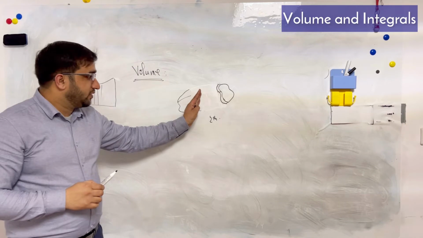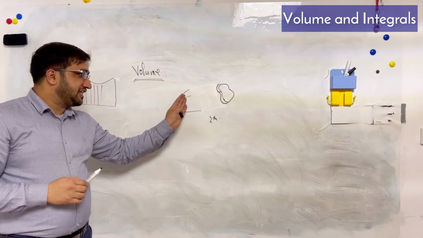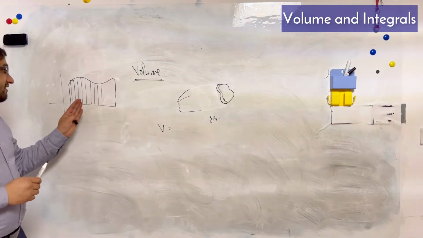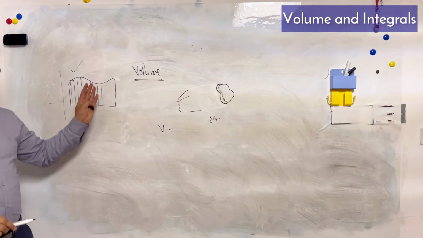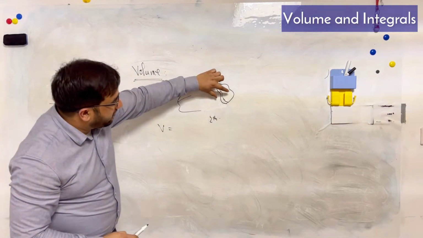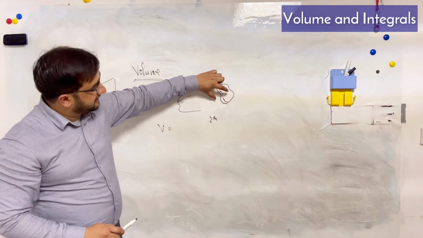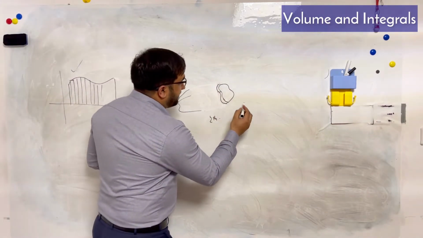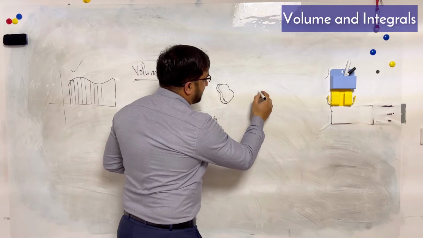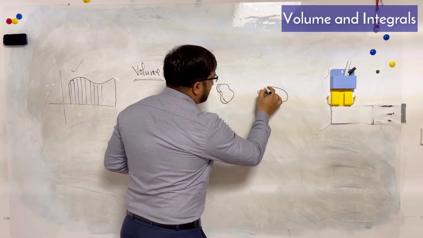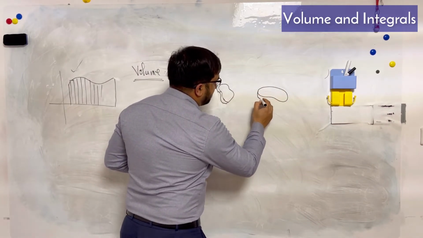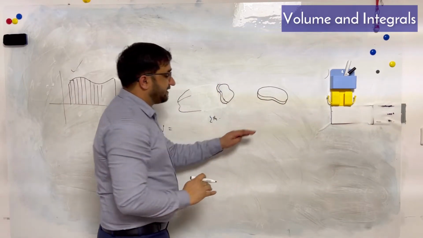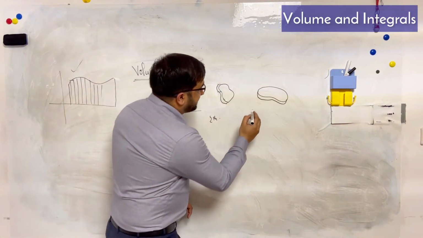So what we do, we cut down this whole shape, similar to the area under the curve, into small slices. Now I know how to calculate the volume of this kind of a shape, because if I put this shape just like this on the ground, then this is what?